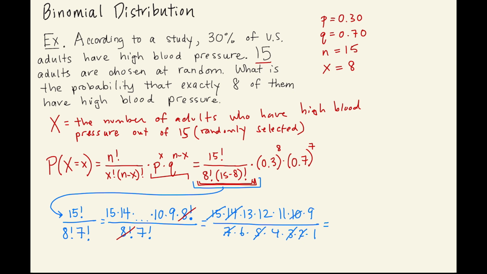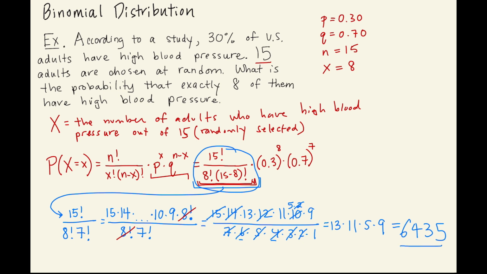I'm going to rewrite the 10 as a 5 times 2 because I see 6 times 4 in the denominator, that's 24, and then I see a 12 times a 2 in the numerator, that's also 24. So this leaves me with 13 times 11 times 5 times 9, which is equal to 6,435.